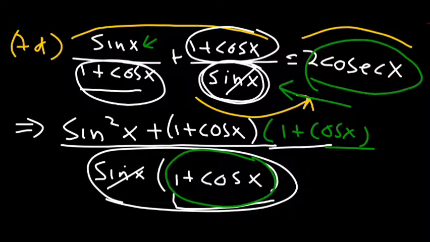Okay, so when you do this, we're just going now to expand. So what are you going to expand? You're not going to expand the denominator, no. We're going to expand the numerator. So let us see how we are going to do that.